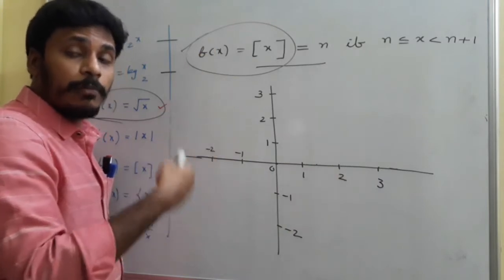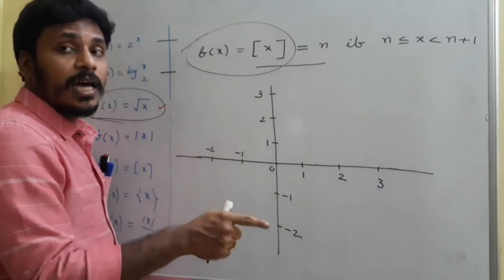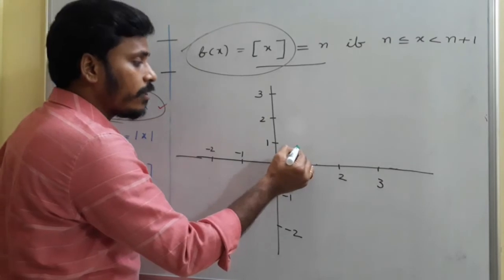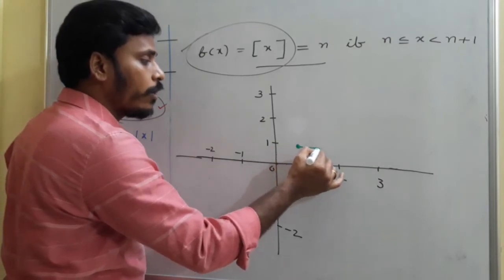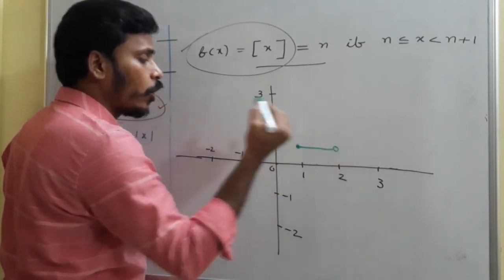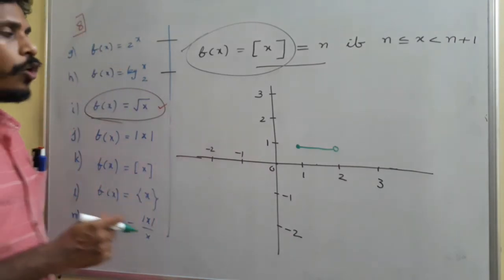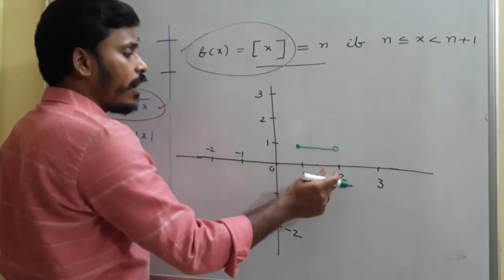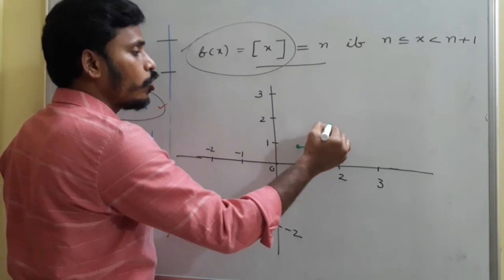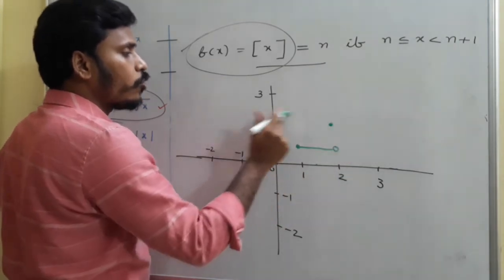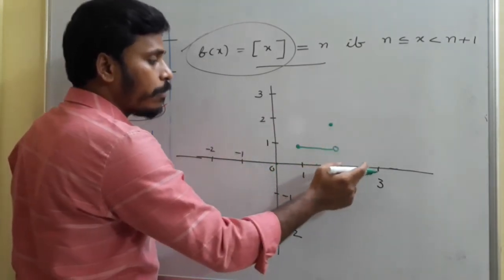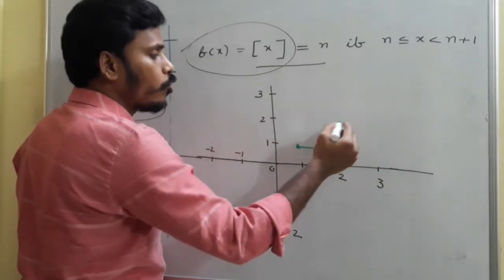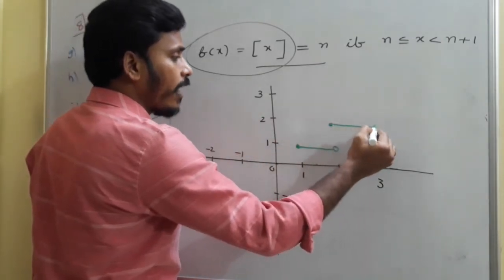If your inputs are in between 1 and 2, your answers are at 1. So the graph is like this. For 1, your answer is 1. At 2, it is 2, so you need to take an open circle like this. And for 2, your answer is 2. So x is a number between 2 and 3, but y is 2 only. Again, you have the graph like this.